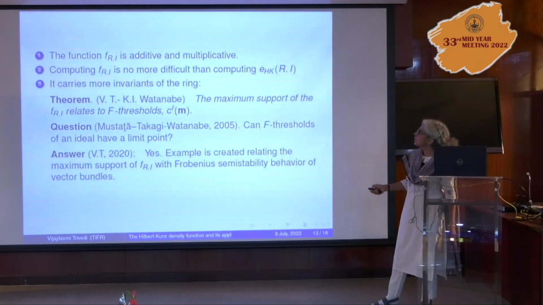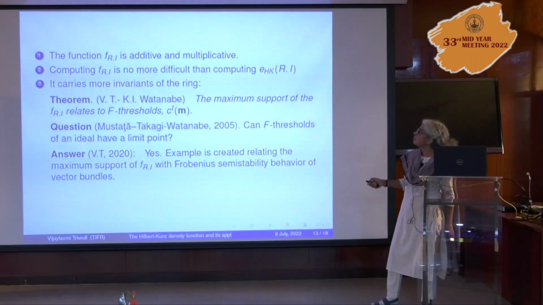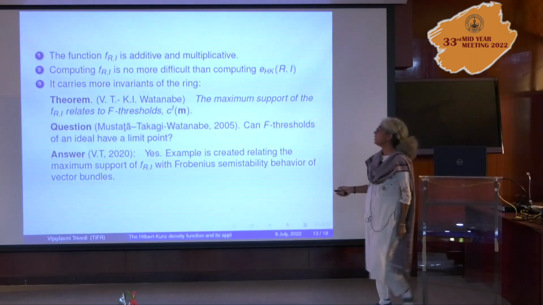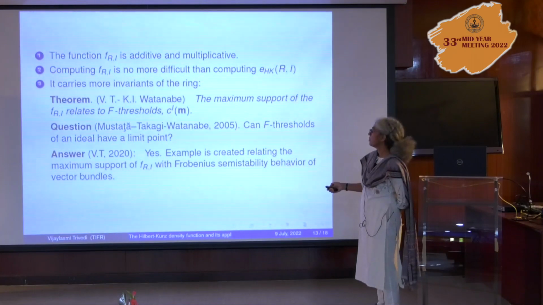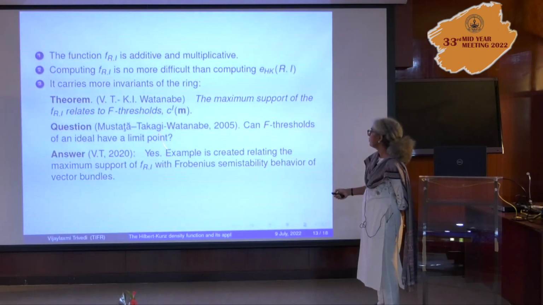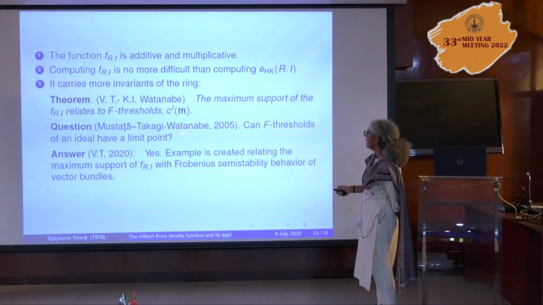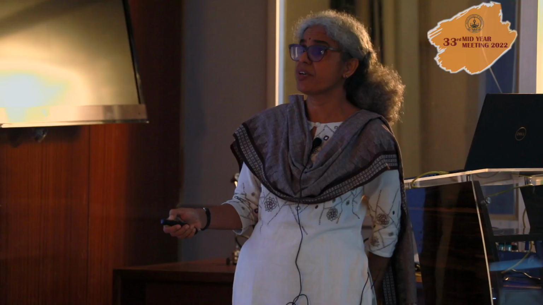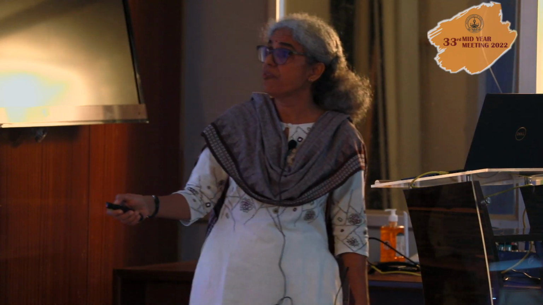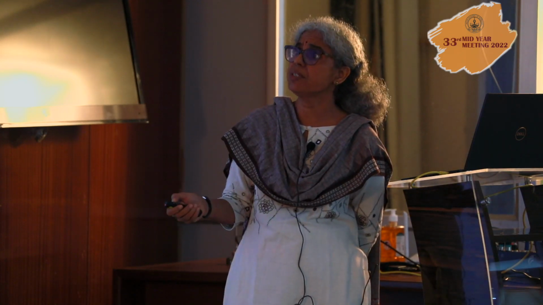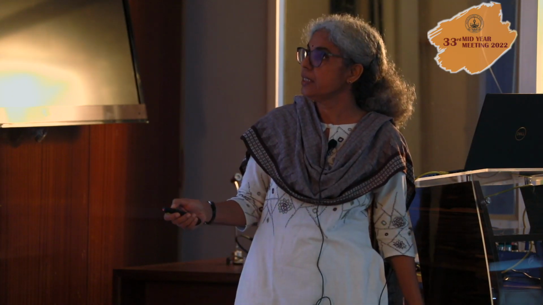So what was the advantage of this function? It's additive and multiplicative. It's no more difficult than EHK and it carries more invariants. This is a result of Watanabe and myself. If I take the maximum of the support of the function, it's compactly supported, so you look at the point after which it vanishes, and that gives the F-threshold. F-threshold is the characteristic P analog of the characteristic 0 notion called log canonical threshold, which is related to resolution of singularities.